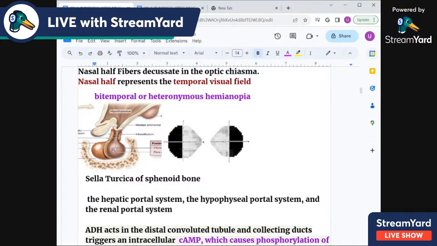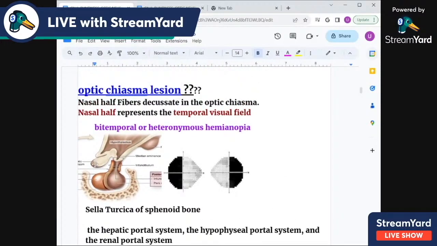Before we discuss their functions, let me show what happens here: the optic chiasma is above the pituitary. So a pituitary tumor, like a growth hormone tumor, will interrupt the nasal fibers, which represent the temporal visual field of both eyes, and that would cause bitemporal hemianopia.